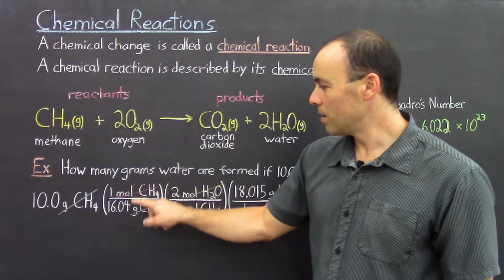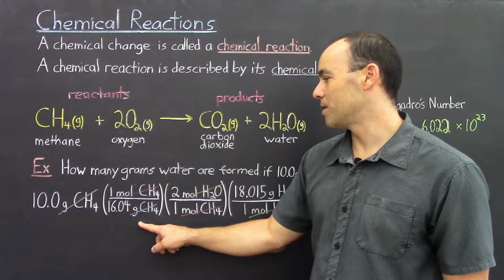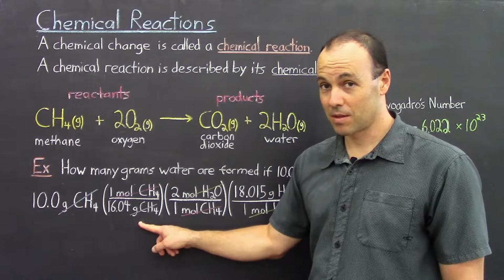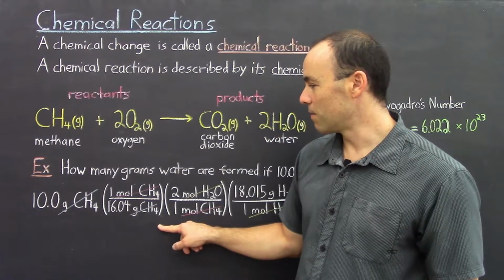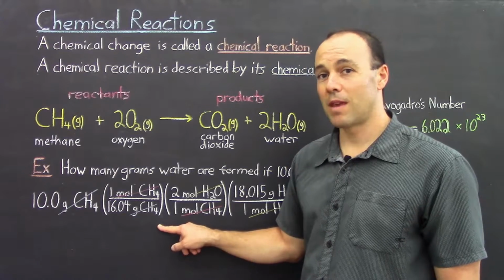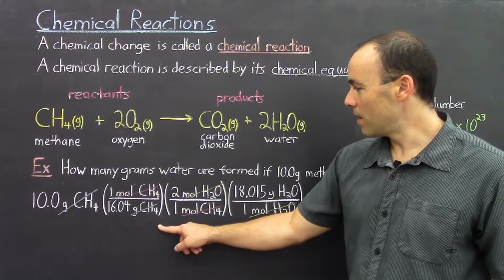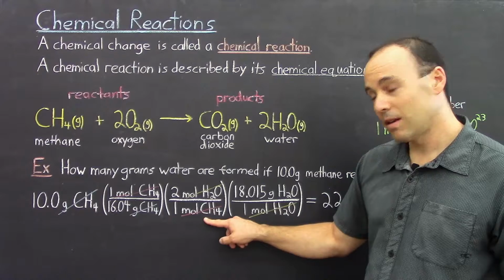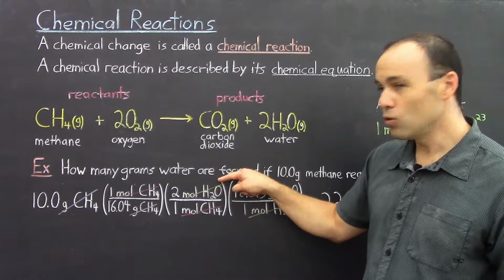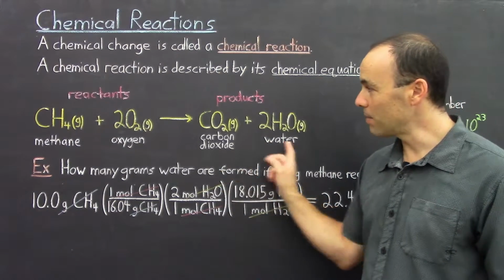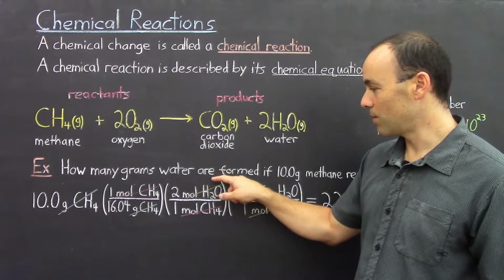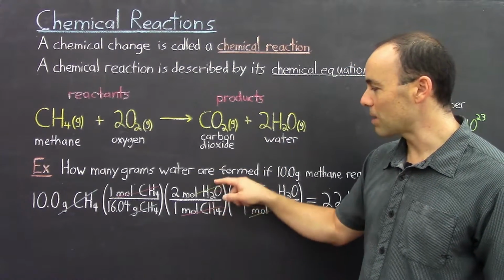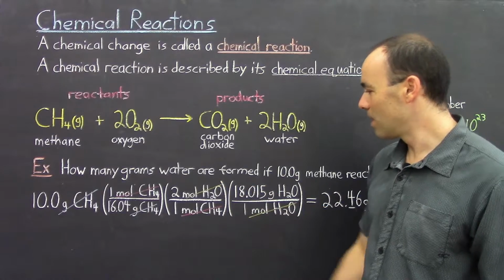1 mole is the same thing as 16.04 grams. Then, after you multiply by this conversion factor, you have moles of methane. And we know that 1 mole of methane will give you 2 moles of water. When you're talking about this chemical reaction, 1 mole of methane means 2 moles of water. So this is the stoichiometric conversion factor.